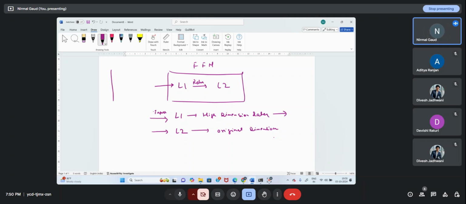So these are the layers which will be having the neurons, and it is pointwise feed forward. Why pointwise? I already told you that feed forward takes care of each token, token by token.